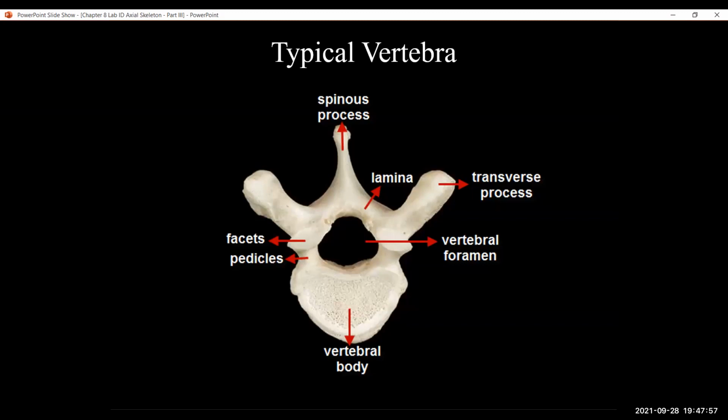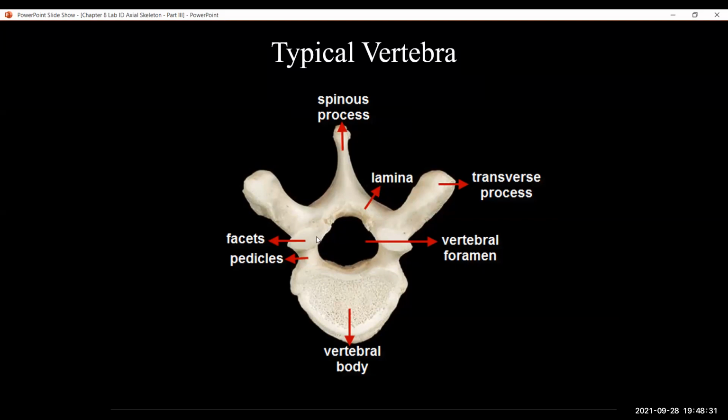So now when we run through the rest of the vertebrae here, the remaining vertebrae are going to have all of these structures on them. So a quick review, here's the vertebral body. That's the weight-bearing portion. Just posterior behind that is going to be the vertebral foramen. That's where the spinal cord is going to exist. Then you have your vertebral arch here. And so here you'll have the pedicles, and that's going to be the part of the vertebral arch that attaches onto the posterior aspect of the vertebral body.